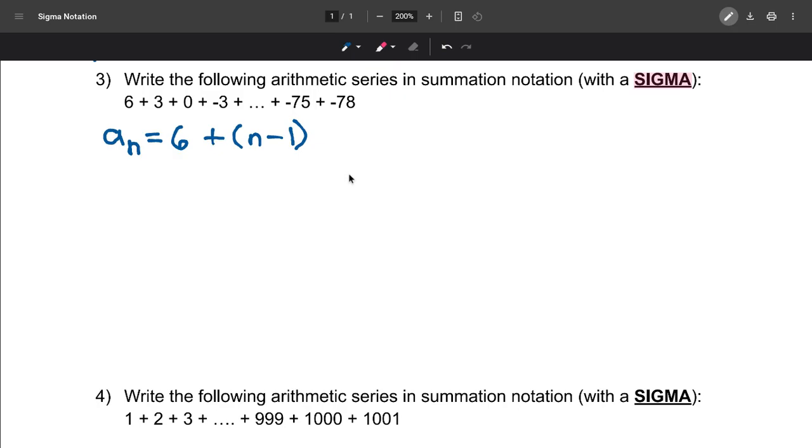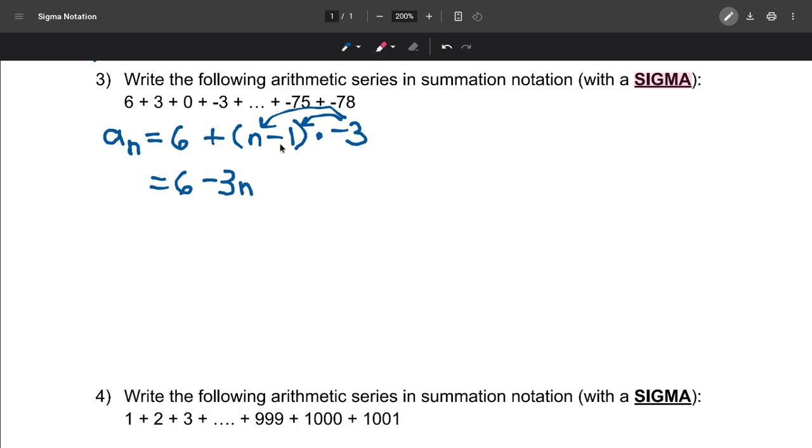times, well, in this case we're going from 6 to 3 and 3 to 0. We decrease by 3, so we're going to multiply by a negative 3. Okay? And we're going to start to work out the right-hand side. So we're going to do negative 3 times n and negative 3 times minus 1. So the right-hand side is going to be 6 plus a minus 3n, or just minus 3n.